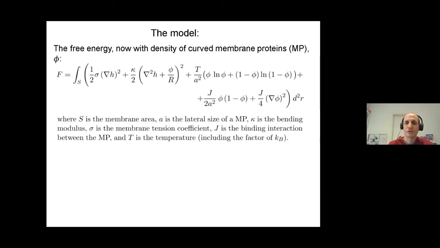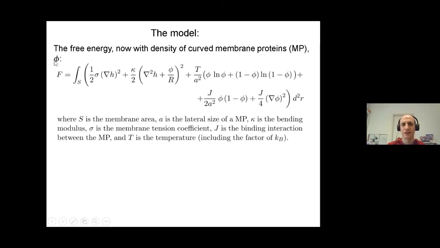Just to give you a flavor of the modeling, unlike the free energy that we had before, which only had the simple curvature term and the tension term, if you remember, now we have additional terms, because we have these curved membrane proteins which have some density phi on the membrane.